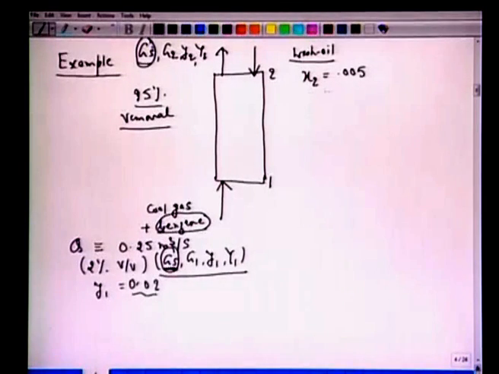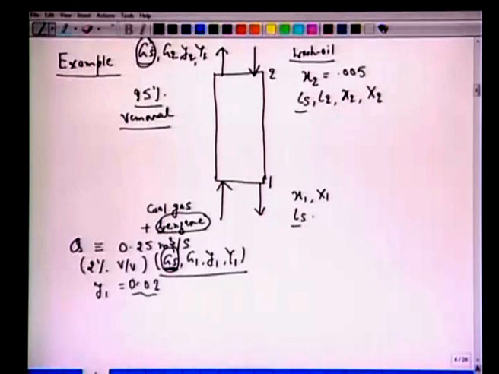The wash oil contains x2, and we have Ls, the amount of solvent required, L2, x2 which is 0.005, and capital X2. Similarly here we will have x1, capital X1, Ls, and notice Ls without any subscript, because on a solute free basis the amount of solvent remains the same, and then we have L1 here.